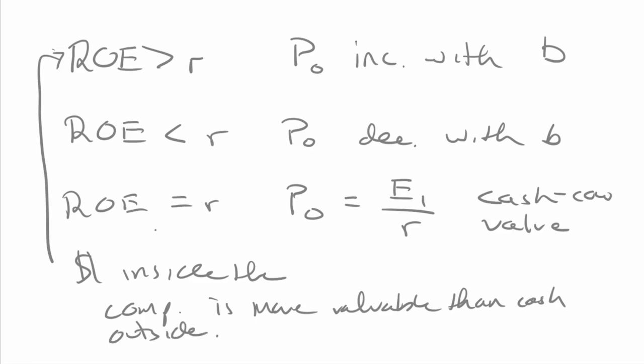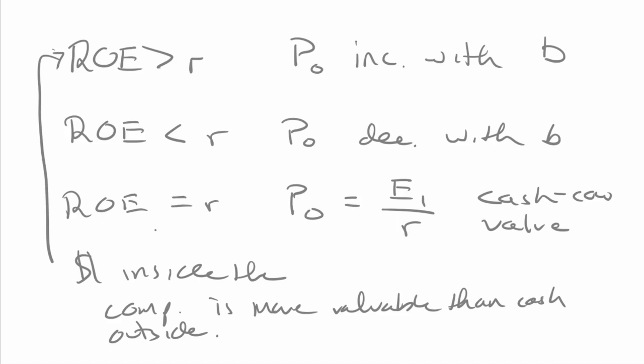But when ROE is less than R, cash outside the company is more valuable. It's better just to return the cash to shareholders in the form of dividends. And when ROE equals R, cash inside the company and outside is the same, so it doesn't matter if cash is reinvested or not. That's kind of surprising. This company is a cash cow. It's worth its cash cow value, whether or not the cash is reinvested.